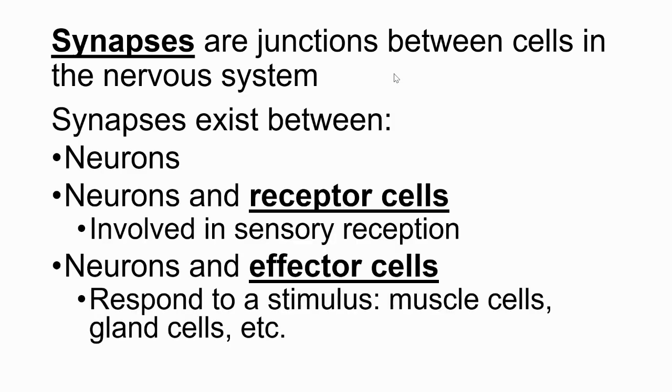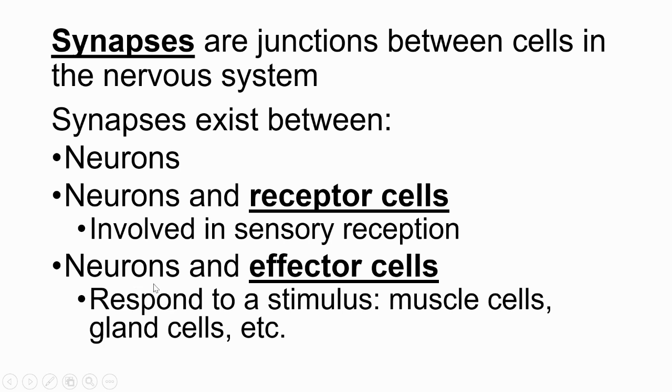So, first up, those synapses can occur between two neurons. So you could have one nerve cell talking to another nerve cell. Or you could have one nerve cell or neuron talking to a receptor cell. These are the cells involved in actually detecting changes, involved in sensory reception. Think about your eyeballs, for example.